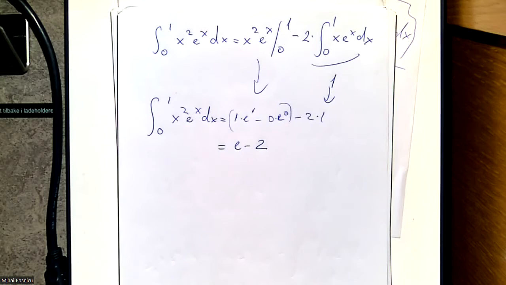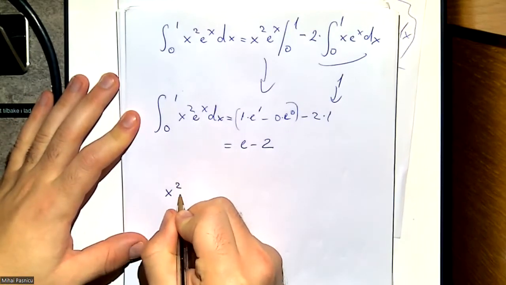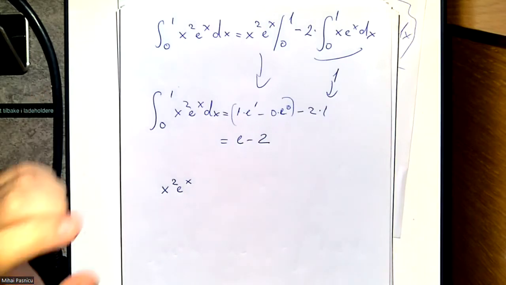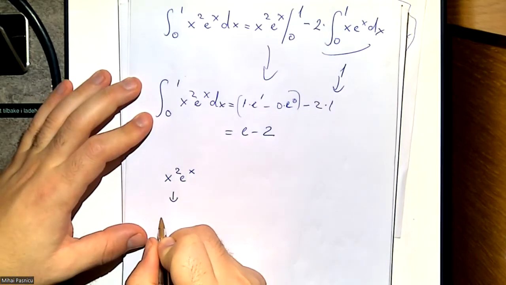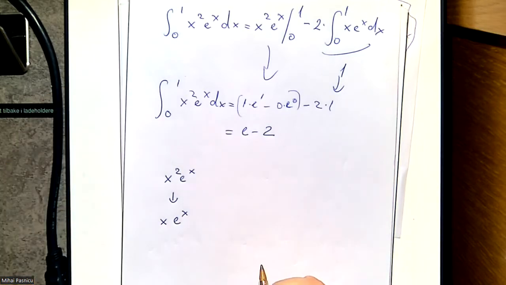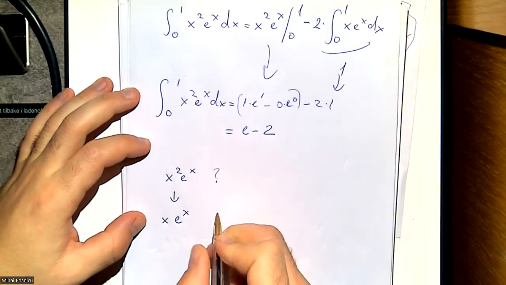Now that we have computed, here's the idea. We started with x squared e to the x. I applied integration by parts to it. I ended up needing to compute x e to the x. I still don't know how, so I don't know what the integral of this is.